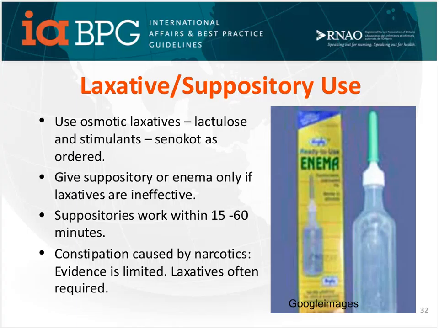One of the questions we had was about constipation caused by narcotics, and again, this is beyond the scope of the RNAO guideline. From the review that we did, evidence is pretty limited on what to do about constipation caused by narcotics. There was a Cochrane review on it a few years ago. It got really mixed results.